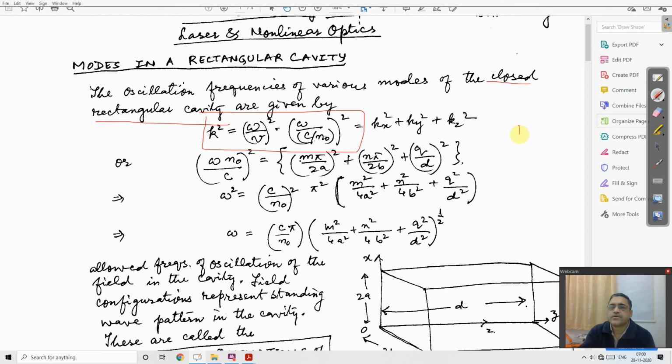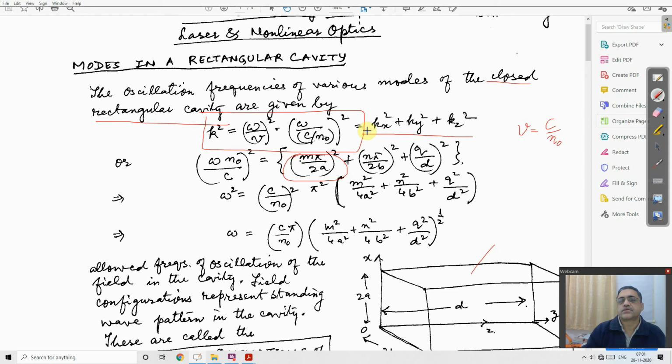Here v is equal to c by the refractive index, the velocity of light divided by the refractive index of the active medium present in this. So kx square plus ky square plus kz square, the propagation constant along the three dimensions, can be easily solved.